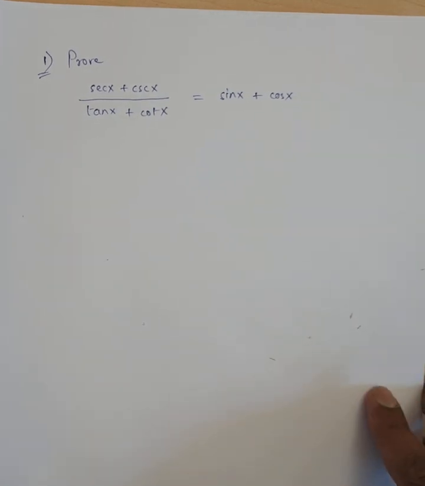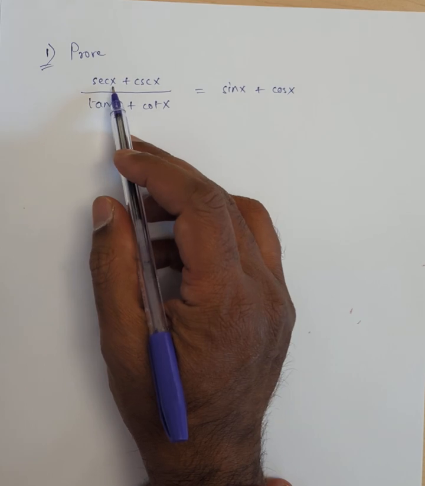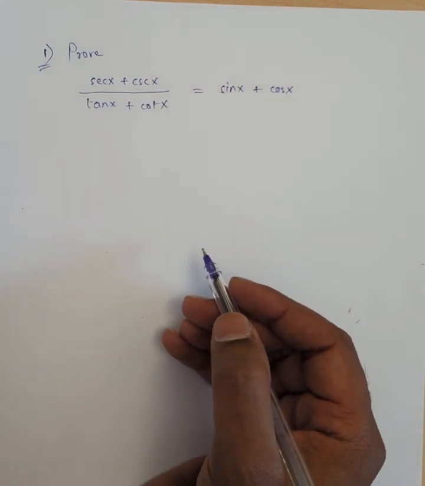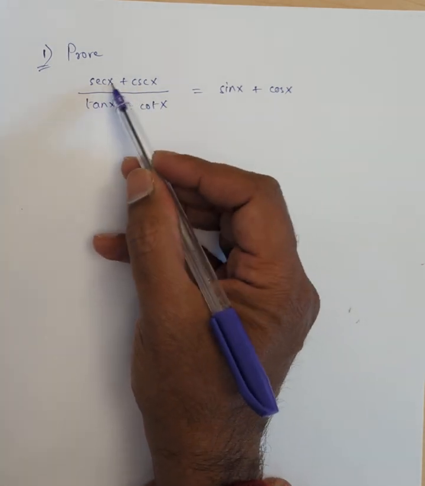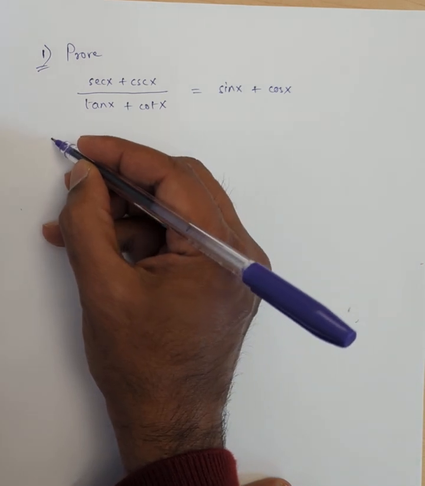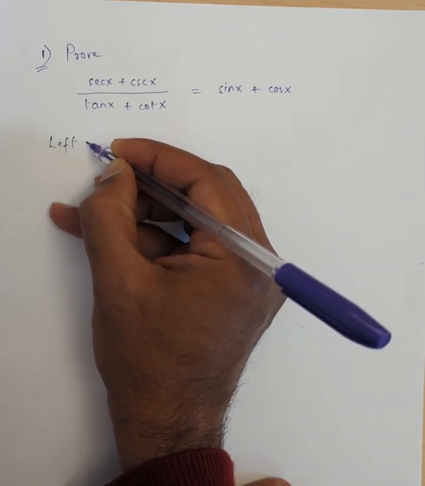Now, to prove this, I'm going to follow my recommendation. Change everything to sines and cosines, and then we can begin to see. The left side does not look anything like the right side, so I want to rewrite the left side as much as possible.